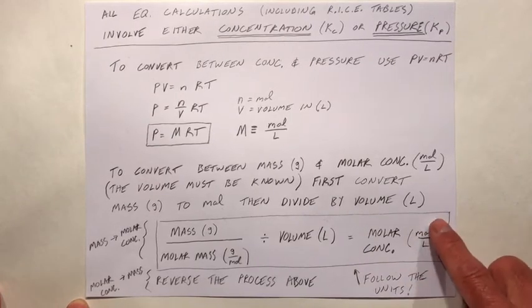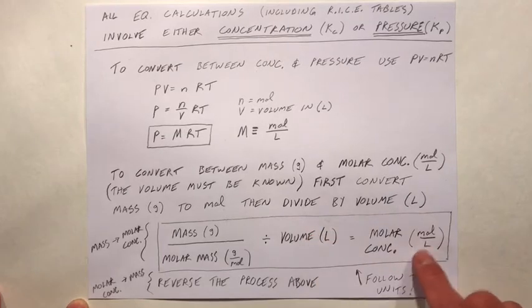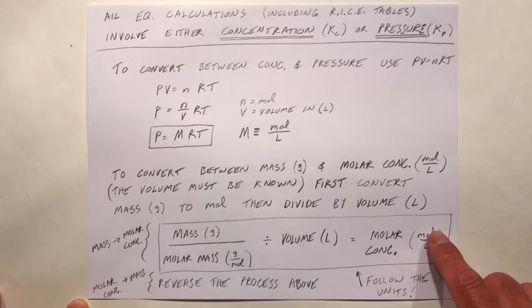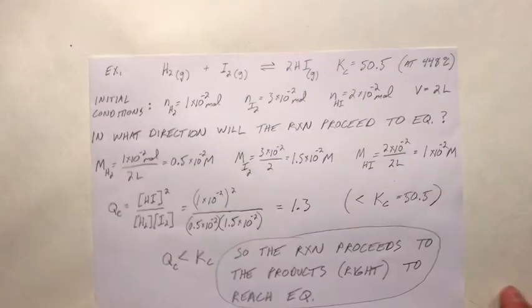Go the other way now. If you have moles per liter, you would multiply by the liters, so liters cancels out. Then if you want to turn moles into grams, you would take moles multiplied by grams per mole. Moles would cancel and you get grams. The units tell you what to do there. It is important that you realize that molar mass is involved, though.